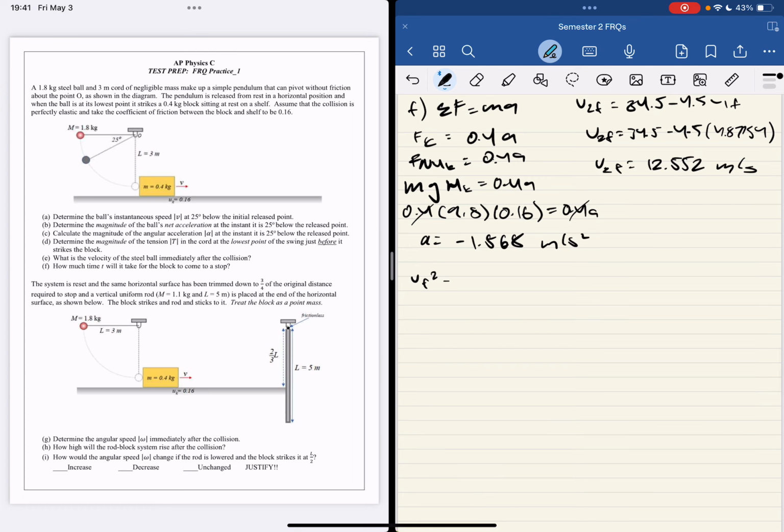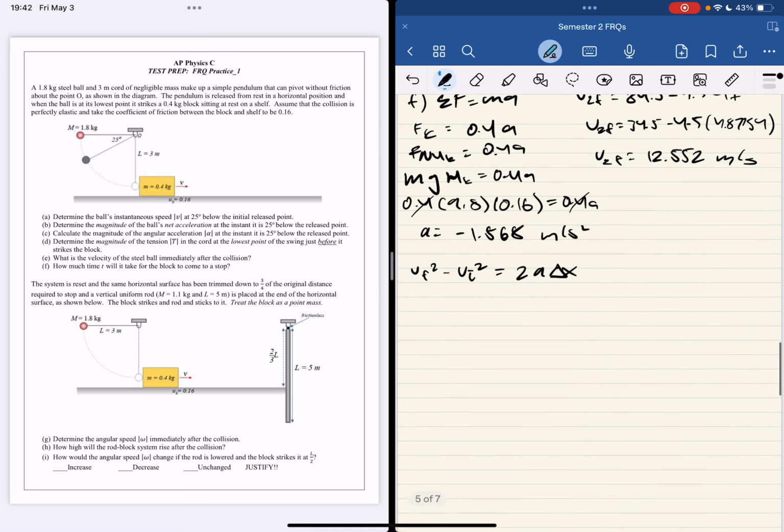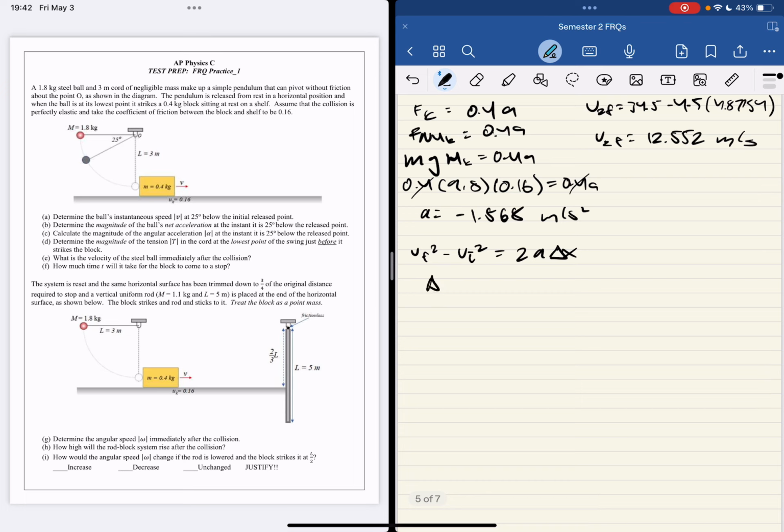Now we can use kinematics. So Vf squared minus Vi squared is equal to 2A delta x. We want to know the time, but we're solving for delta x here. So delta x is going to be equal to, we know Vf is going to be 0, so negative Vi squared over 2A.